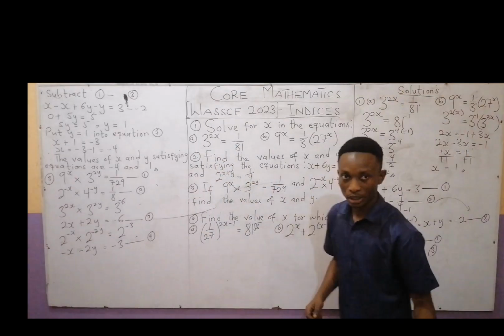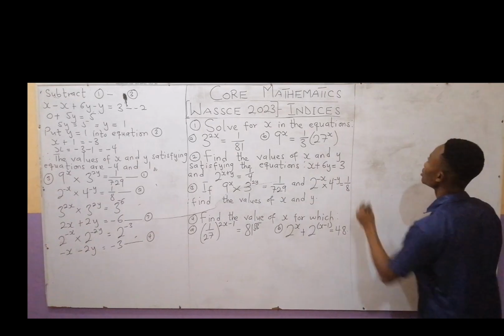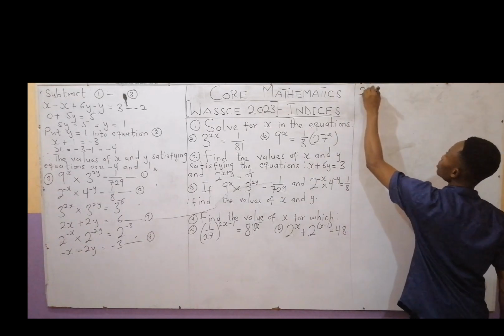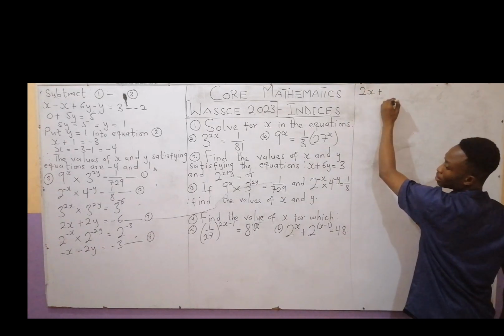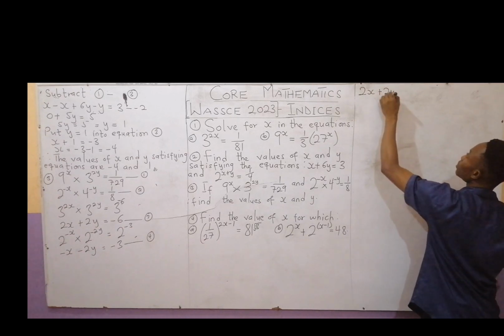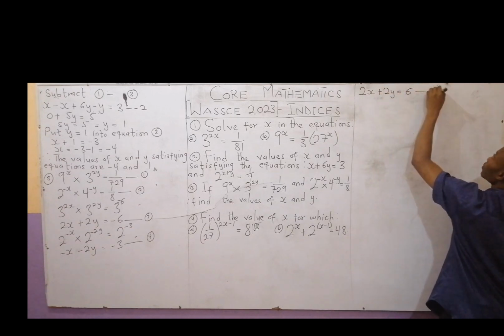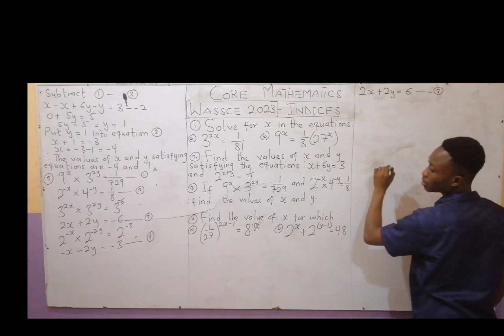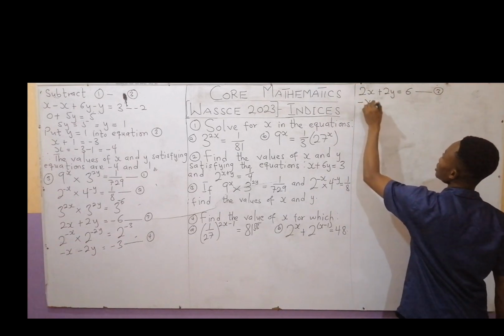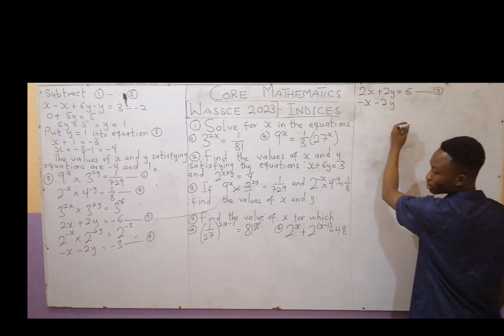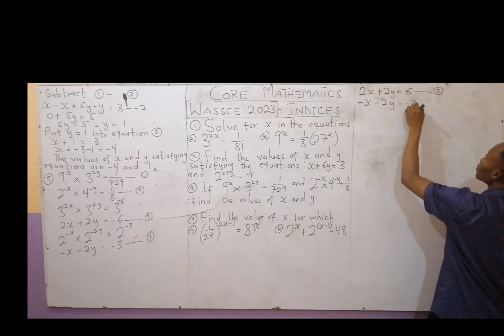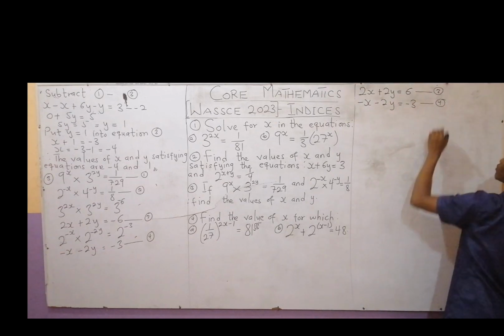So we work from there. A new equation: 2x plus 2y is equal to negative 6, equation 3. And then we have negative x minus 2y is equal to negative 3, equation 4.